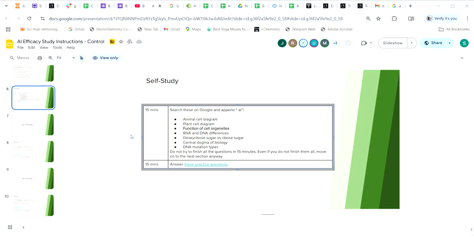So, what are the 10 functions of cell organelles? 13 organelles and their functions. Nucleus stores the genetic information.